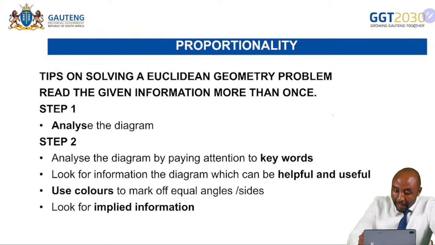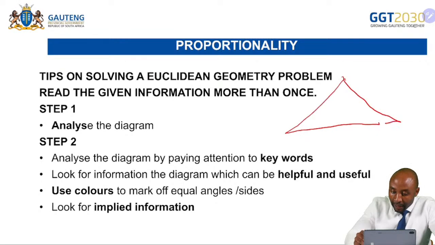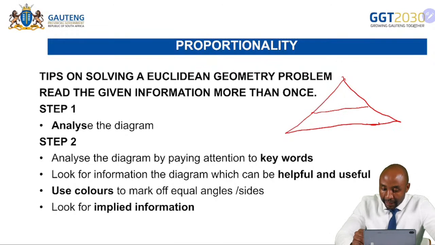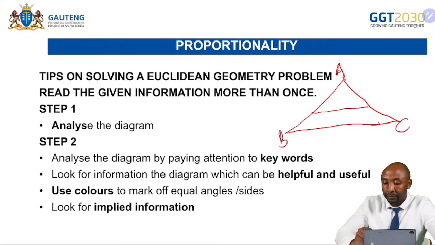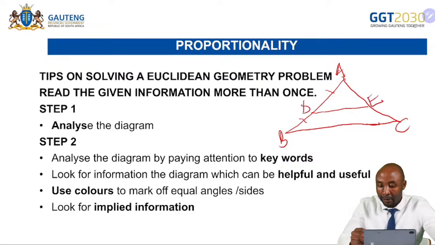For example, I've indicated to you that if you have a triangle like that, and a line like that, this is A, B, C, and then we have our DE there. According to the information, AD is equal to DB, and also AE is equal to EC.